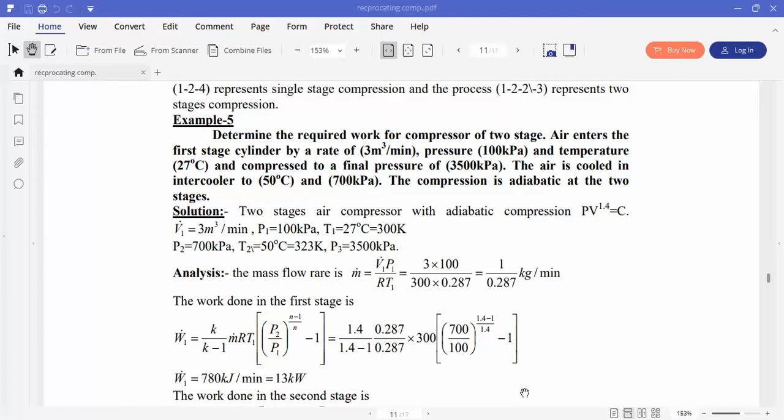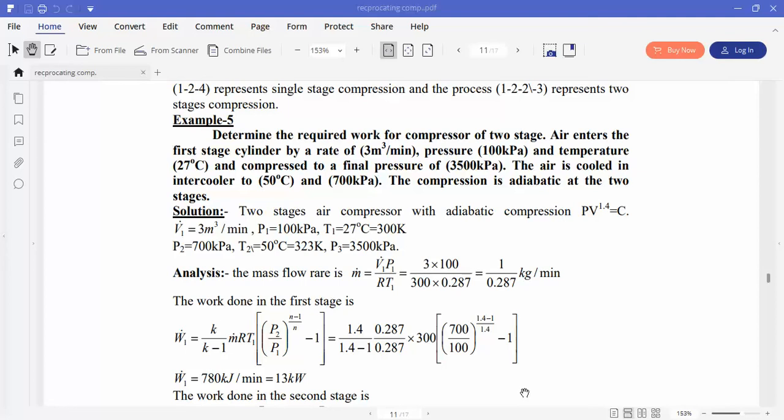The first question: determine the required work for a compressor of two stages. Air enters the first stage cylinder at a rate of 3 meter cubic per minute, pressure 100 kilopascal and temperature 27 degrees centigrade, and is compressed to the final pressure of 3500 kilopascal.